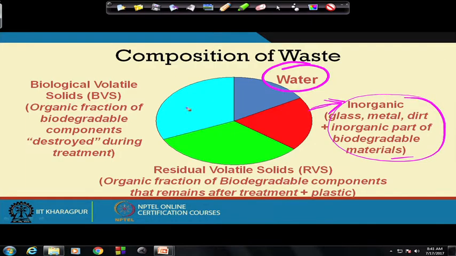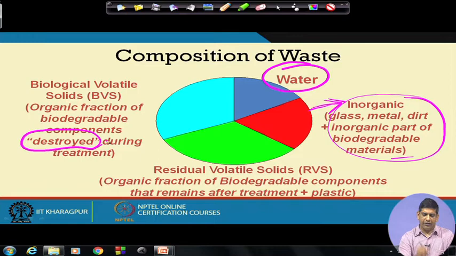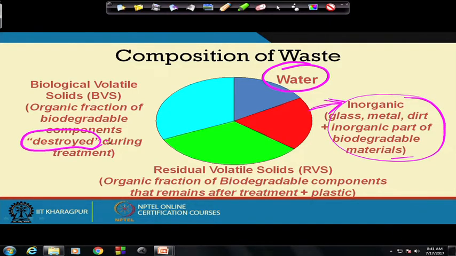Then we have this portion, which is your biological volatile solids. Now what is biological volatile solids? It is the organic fraction of the biodegradable component which will get destroyed during treatment. Destroyed may not be a very good word to choose, because it is not destroyed, it basically changes its form. I have said several times that anything on the periodic table we cannot really destroy, we can only change it from one form to another.